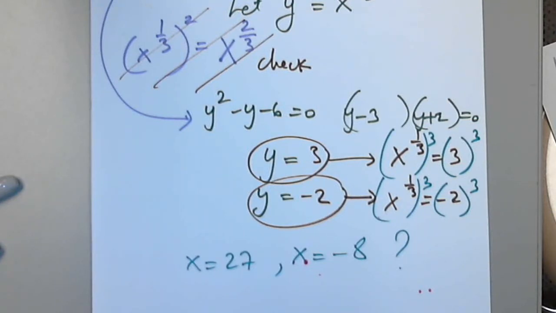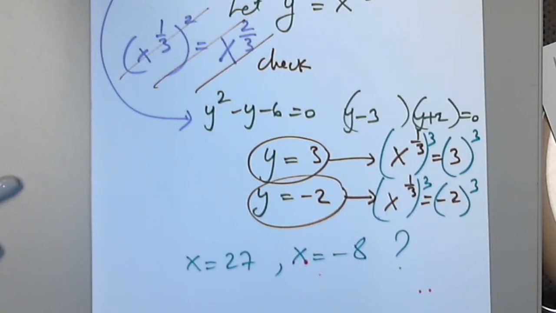If I don't get 0, what do I conclude about 27? It's false. Right. Did I get 0? You did. Okay, -8. What should I get? 0. Yes. Otherwise, it's extraneous. Are you okay?